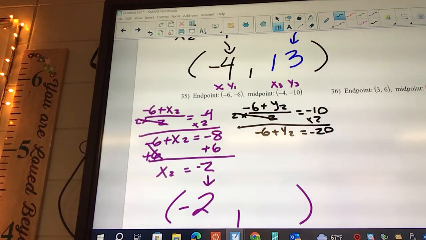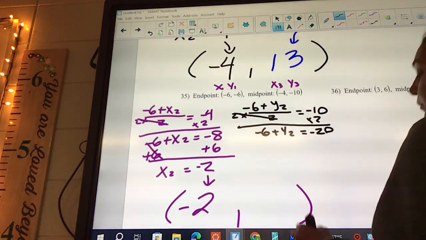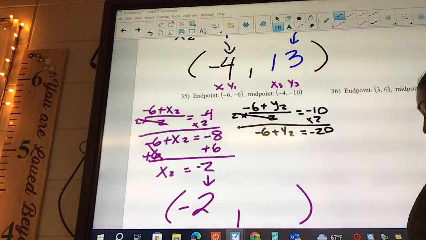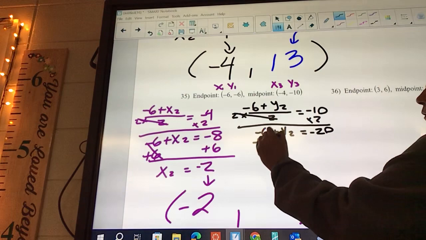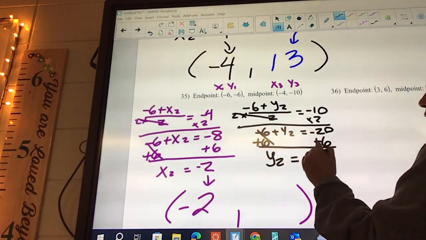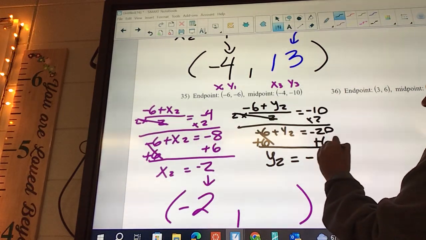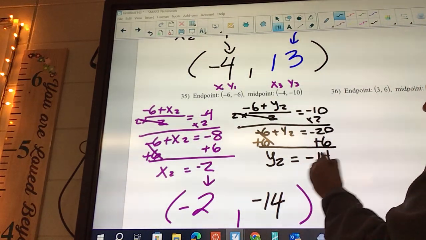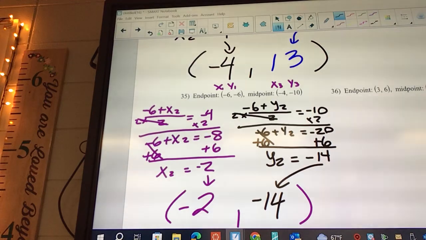Now we're going to add or subtract. Add 6. So we get y2 equals -14. And that one goes there in that coordinate.